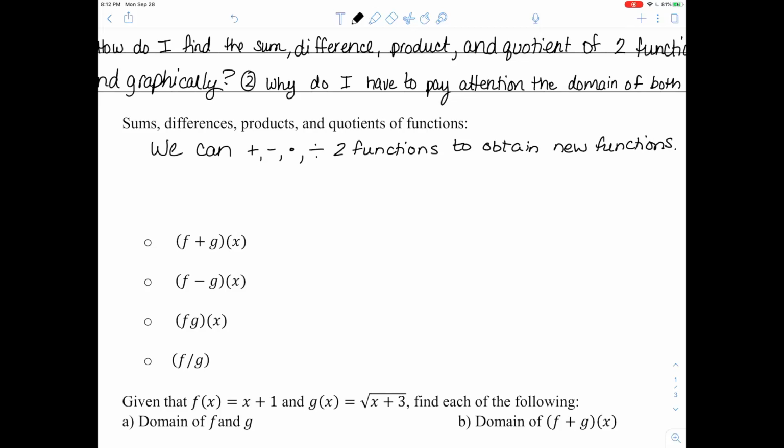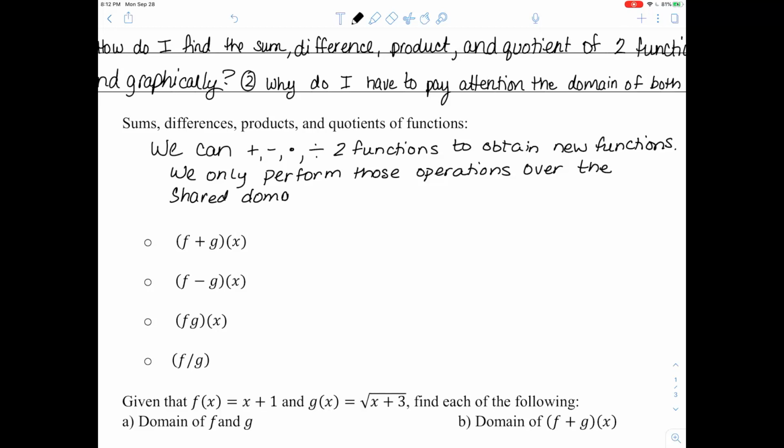However, you also have to pay attention to the fact that we can only perform those operations, add, subtract, multiply, divide, over the shared domain of the two functions.